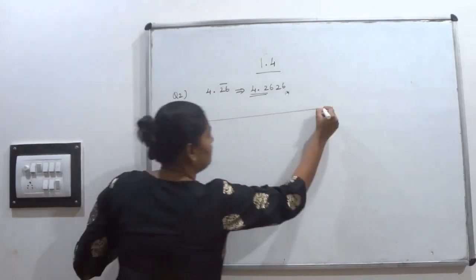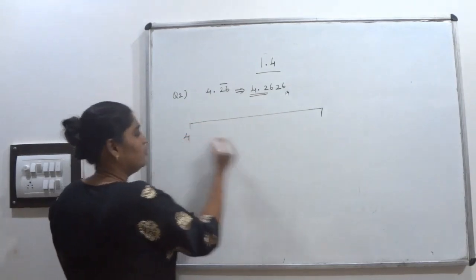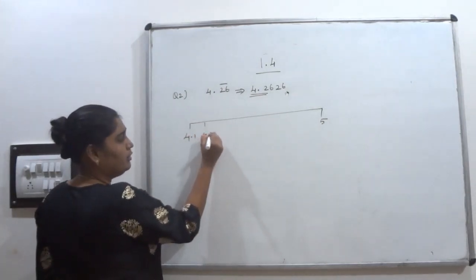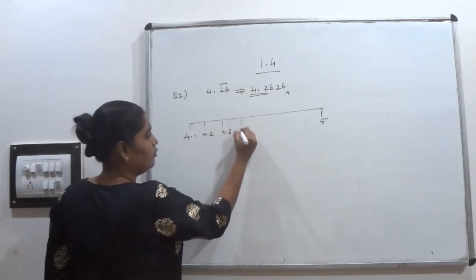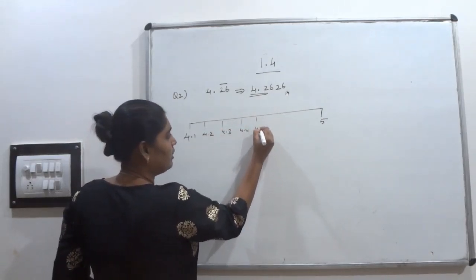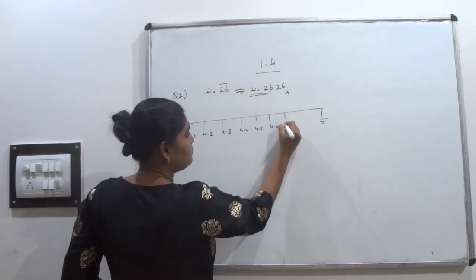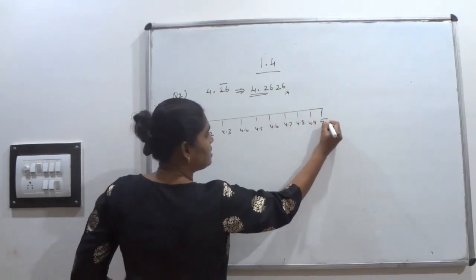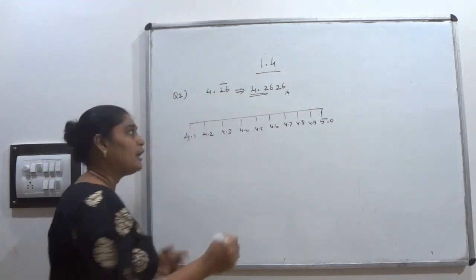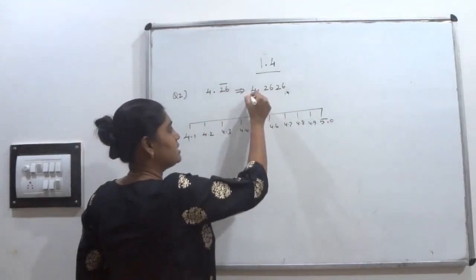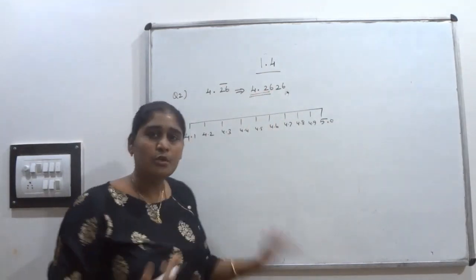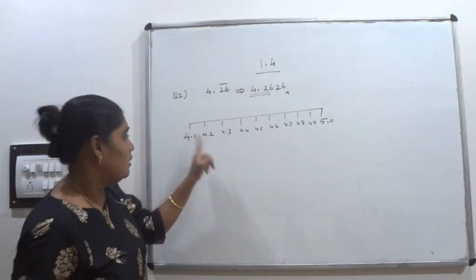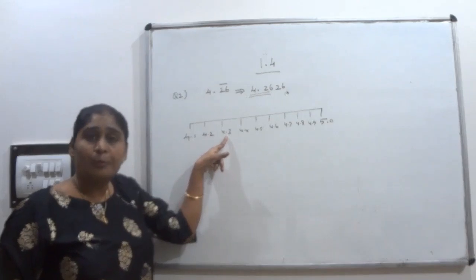So write here 4 to 5. See, this is 4.1, 4.2, 4.3, 4.4, 4.5, 4.6, 4.7, 4.8, 4.9. This is 5.0. Then go for the next decimal place, that is 4.26. 26 will lie between 4.2 and 4.3.